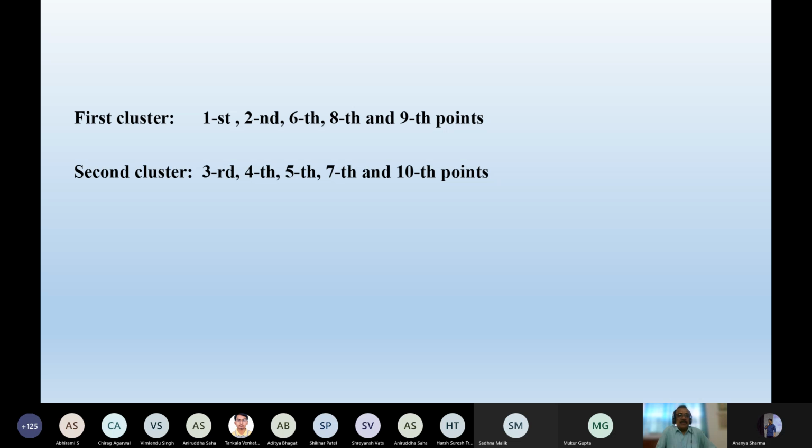Remember one thing, those clusters will be acceptable if the two clusters are distinct, and at the same time, each of these clusters should be compact. So we want the compactness of the clusters. At the same time, we'll have to maintain the distinctness of the clusters. So the clusters are to be distinct as far as possible.